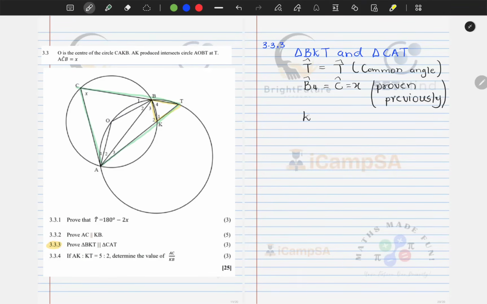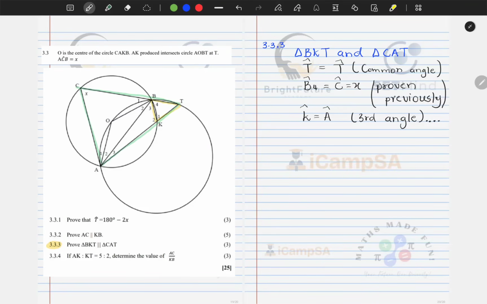So our angle K1 will therefore be equal to angle A, because those are the only angles that are left. We can call it the third angle.